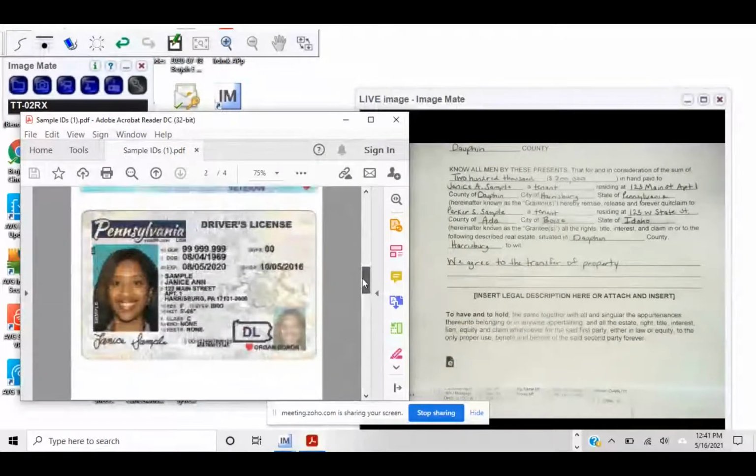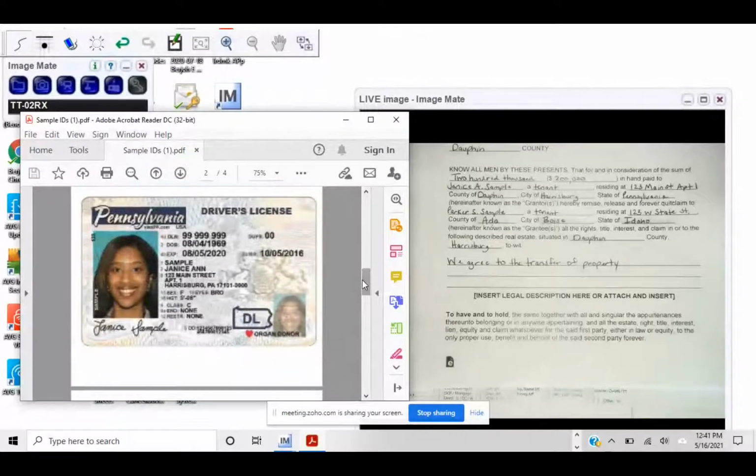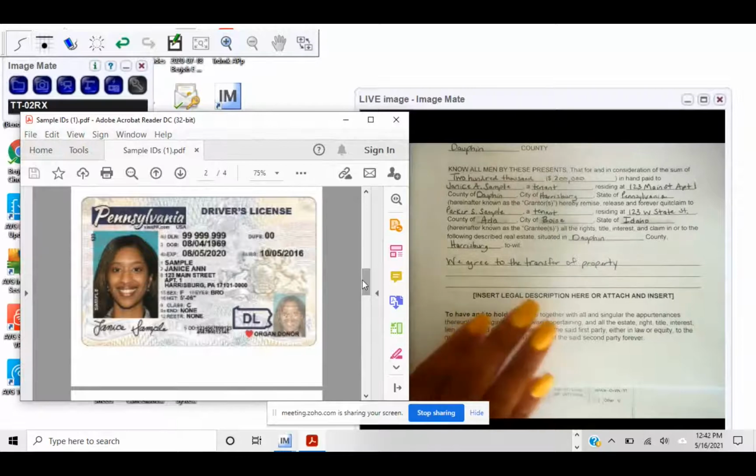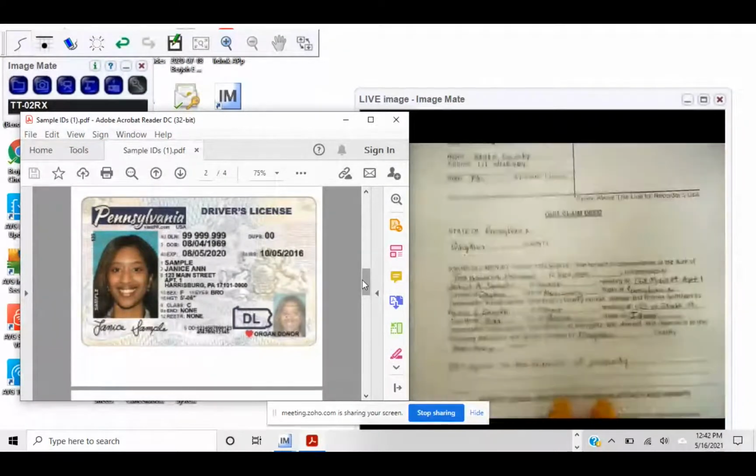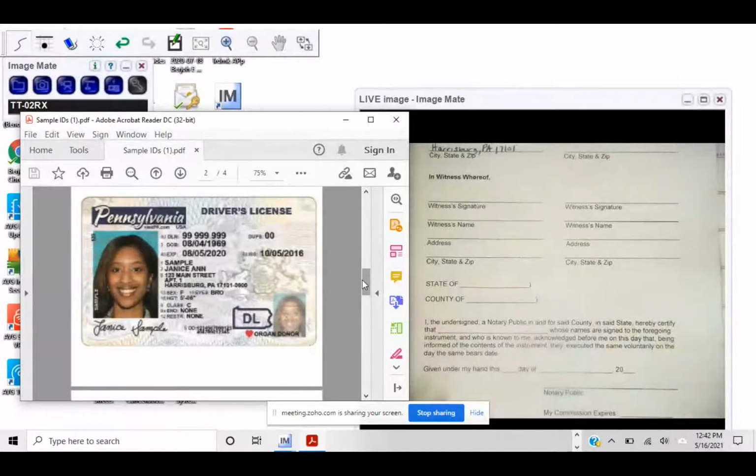So Janice contacts you. She says she has a quitclaim deed that she needs notarized. Now, here in the state of Florida, we require 2 witnesses. The notary can also be a witness. But the tricky part about this is you cannot notarize your own signature. So if I sign this document, I cannot notarize it as well.